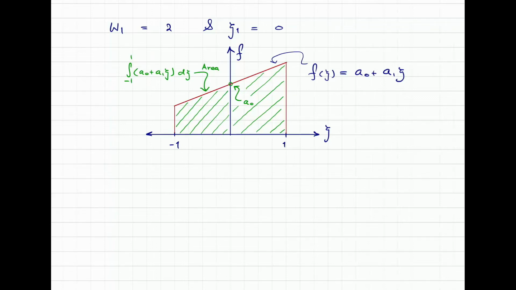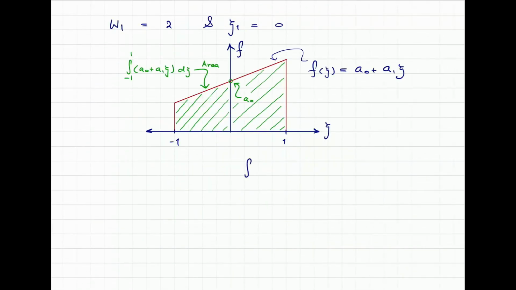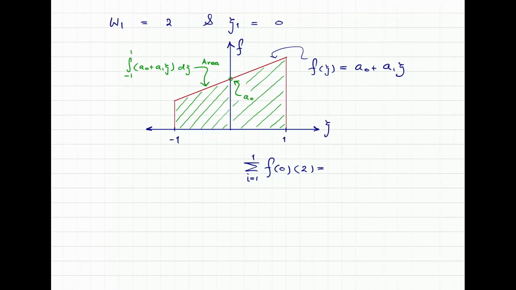That's the explicit way where you integrate the function, whereas the numerical integration offers you something which is quite effective, because from numerical integration, the integration from -1 to 1, I put it this way then, the summation from I equals 1 to 1, because this is just one point, f of c, and your c is equal to 0, multiply by the weight, which is equal to 2, that is a0 plus 0, a1 multiplied by 2, which is equal to 2a naught.